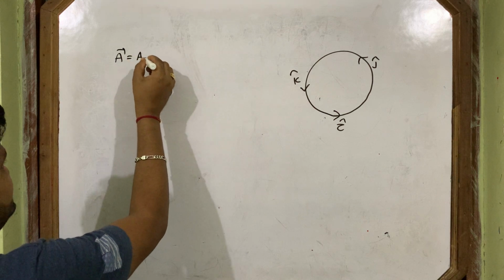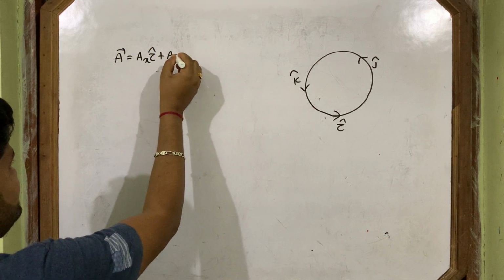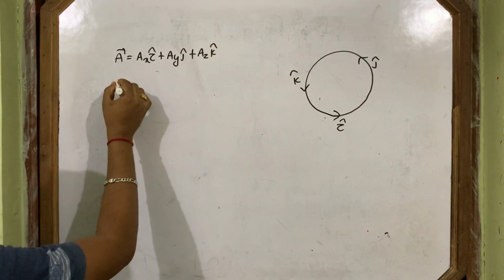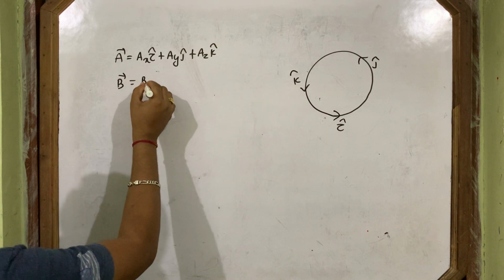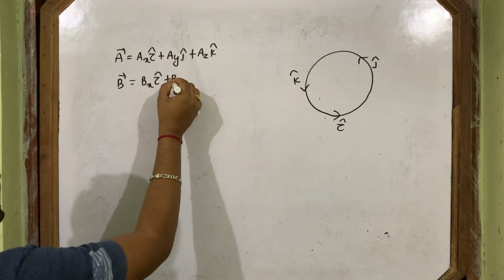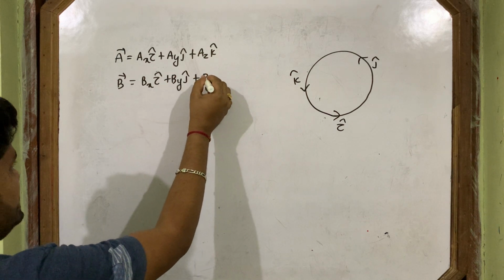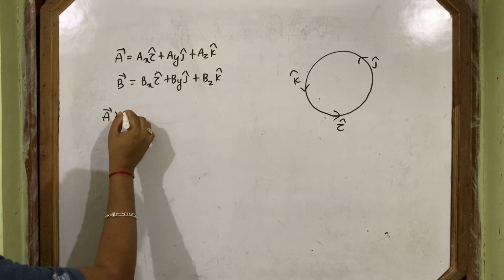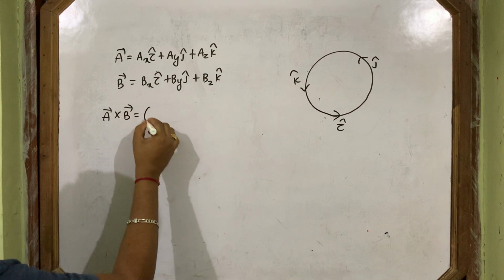A vector: ax i cap, ay j cap, az k cap. Then b vector: bx i cap, by j cap, bz k cap. We'll do a vector cross b vector.